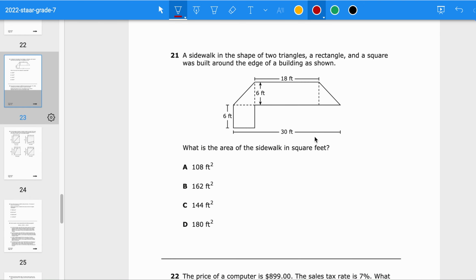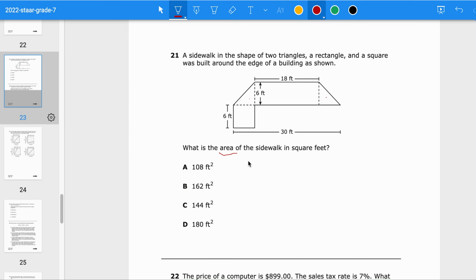Number 21. What is the area of the sidewalk in square feet? So look at this sidewalk. It includes a square, a triangle, a rectangle, another triangle. And we can see these 2 triangles are the same. So we just calculate the area for each of them.